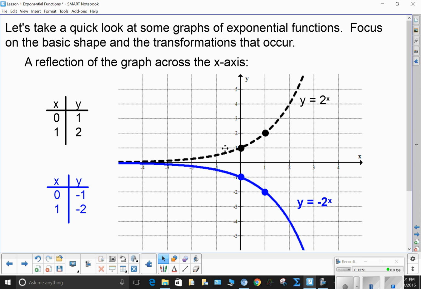I've got some points and I can graph. If I put a negative in front of my base, notice it's a reflection over the x-axis. It's what it's always been. I reflected over the x-axis, so instead of moving left to right up, I move left to right down, and I'm below the x-axis.